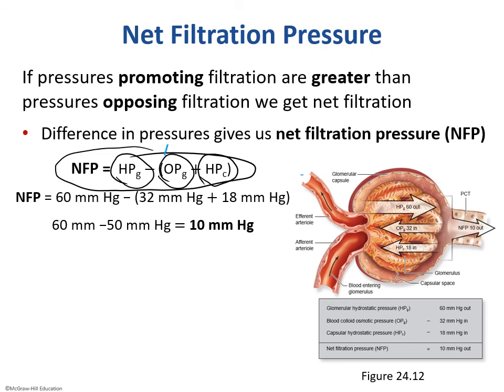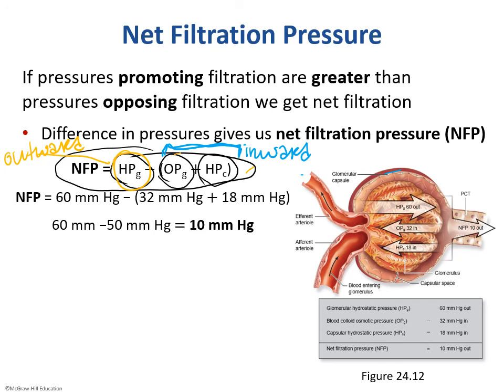So looking at this here, these two pressures are actually our inward pressures, and this guy right here is an outward pressure. So the reason why we don't have the other outward pressure, that colloid osmotic pressure of the capsular space, is because that's relatively zero.